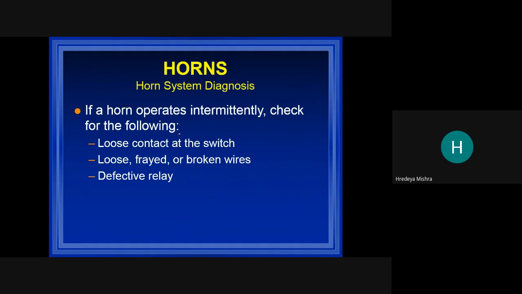If a horn operates intermittently, check the following: loose connection at the switches, loose, frayed or broken wire, defective relay. It means the horn is not continuously ringing. You press the button, one time it operates and another time it does not, meaning your horn operates randomly. These will be the causes.